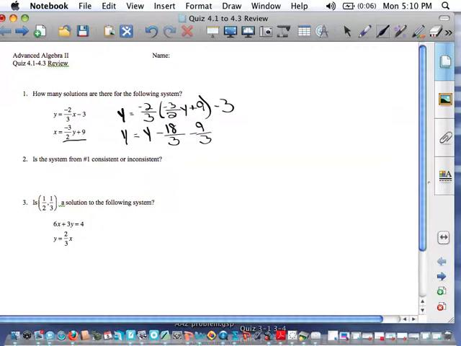So then when we subtract the y from both sides, we get 0 is equal to 9. So there are no solutions to this particular system. Number 2 asks you if the system is consistent or inconsistent. Since there are no solutions, it is inconsistent.